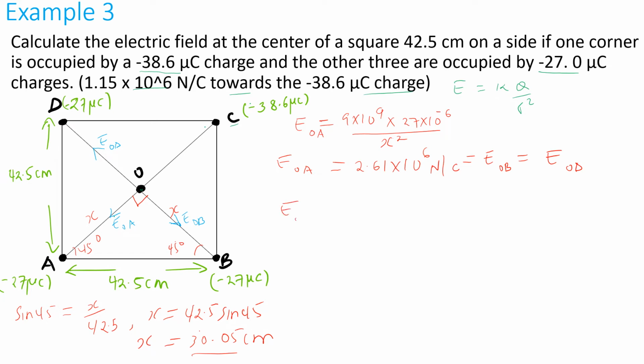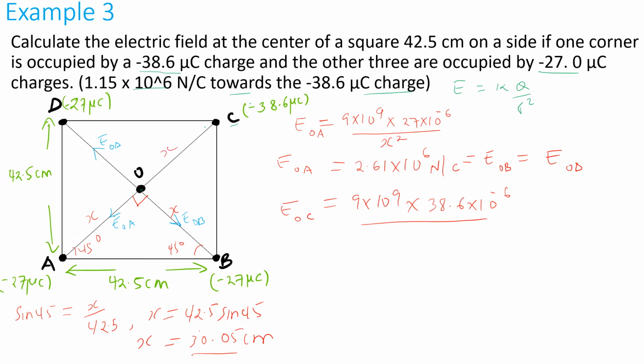We get EO due to C. So we realize that the charge placed at C is different from the rest of the charges, so this is going to be different. We can calculate it. 9 times 10 to the 9 times the charge placed at C, which is 38.6 times 10 to the negative 6, divided by the distance, which is x.